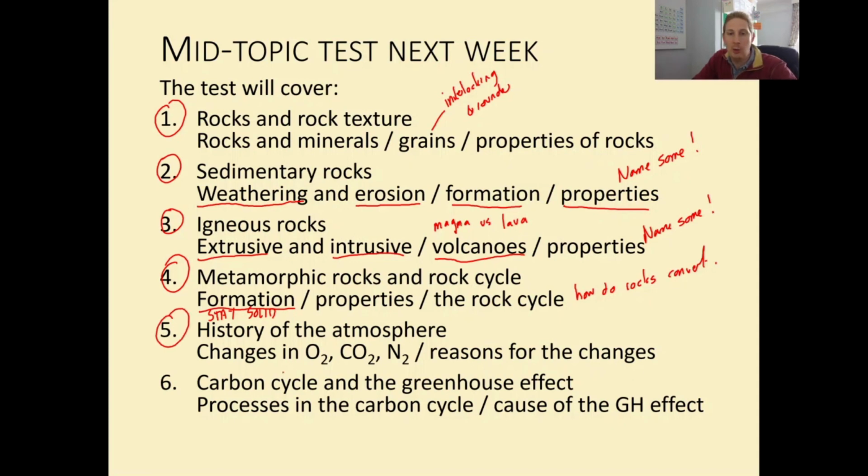So how have the levels of oxygen, carbon dioxide and nitrogen changed in the atmosphere? Why have they changed? What are the reasons for those changes? And then from today, lesson 6, the carbon cycle and the greenhouse effect. What are the various processes that go on in the carbon cycle? Photosynthesis, respiration, fossilization, decomposition, feeding, and what is the greenhouse effect? What causes it, and what does it do?